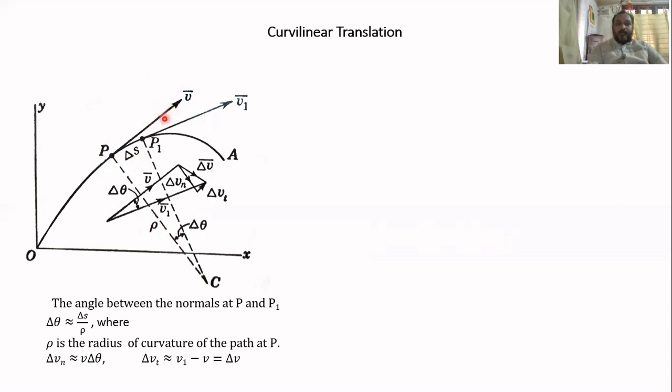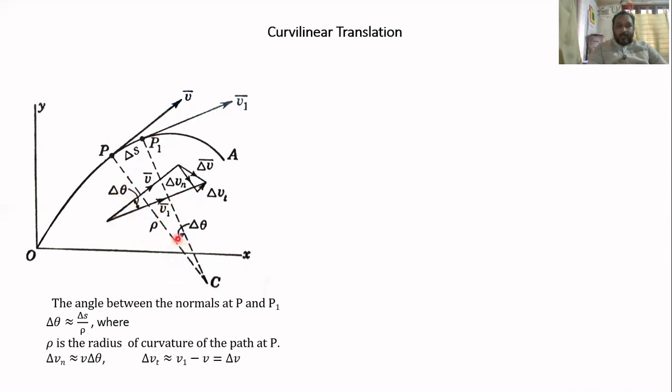Here, V is the velocity at point P, and V1 is the velocity at P1, and these two are the normals at P and P1, which coincide with point C, that is, they intersect at C, and C is known as the instantaneous center, and this distance from C to P is rho, that is the radius of curvature, and this angle is delta theta, that is, this is the velocity V, and this is velocity V1, and the angle between V and V1 is delta theta.